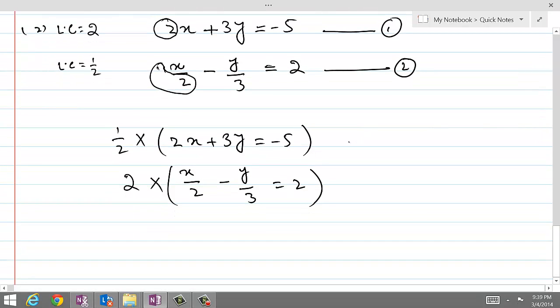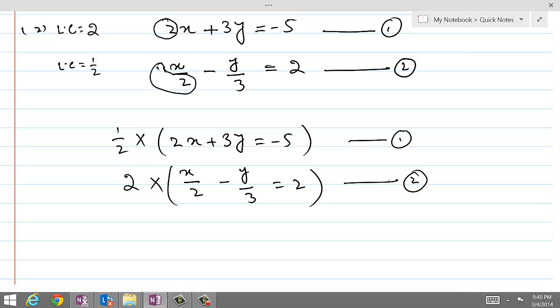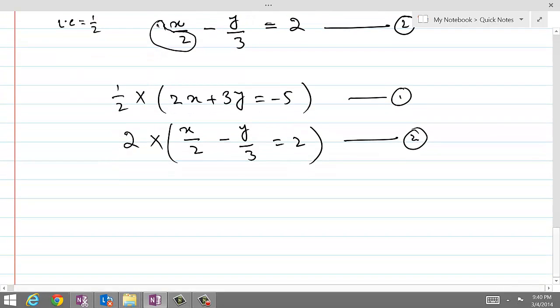This is still equation 1 and this is still equation 2 because nothing has changed. Multiplying any equation, both on left and right side, by the same number doesn't change the value of the equation.